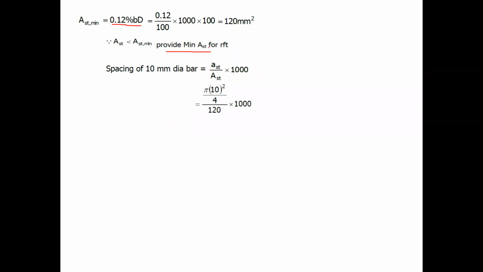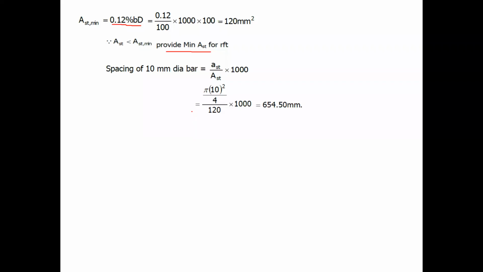You have to consider the AST minimum, that is 120, into 1000. So what will be the spacing? So we'll get 654. Are you getting the answer? Yes, sir.